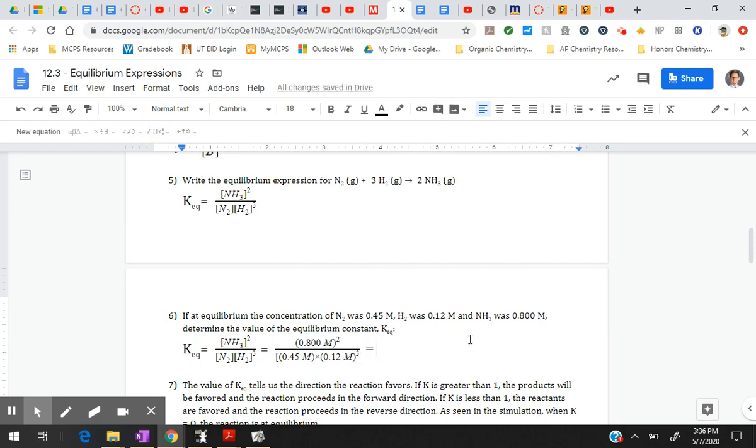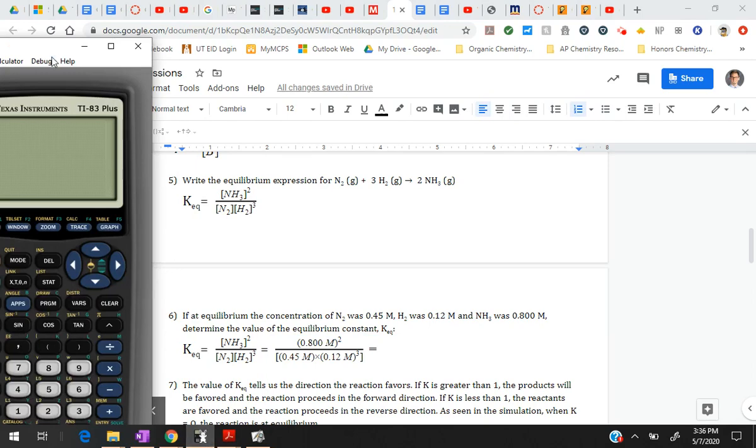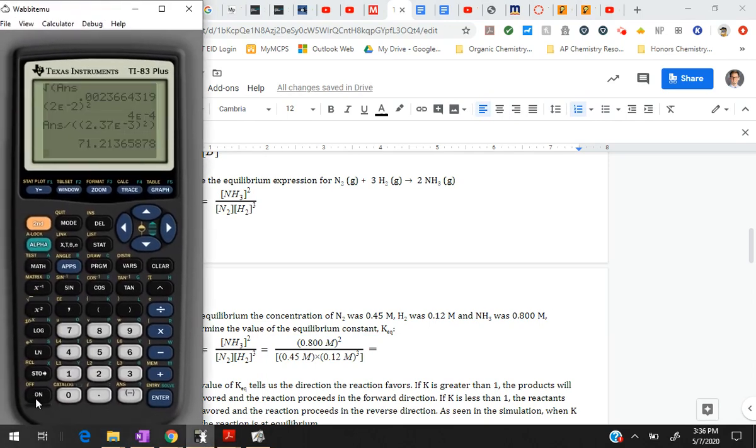Now, order of operations, I need to take care of my exponents first. All right, so I'm going to grab my calculator. In my calculator, 0.800 squared is 0.64.